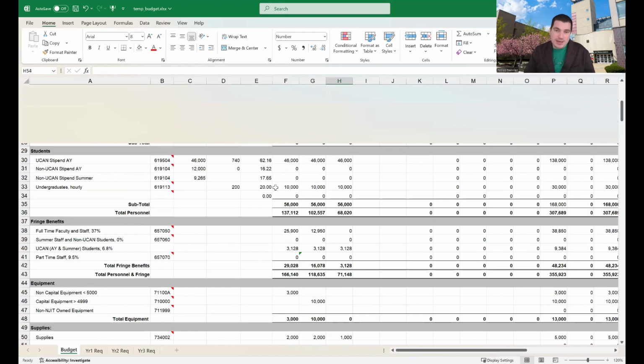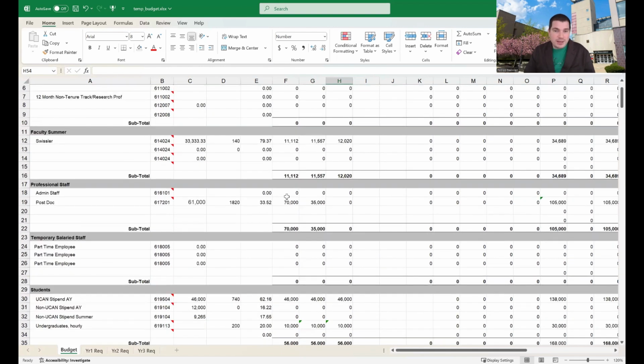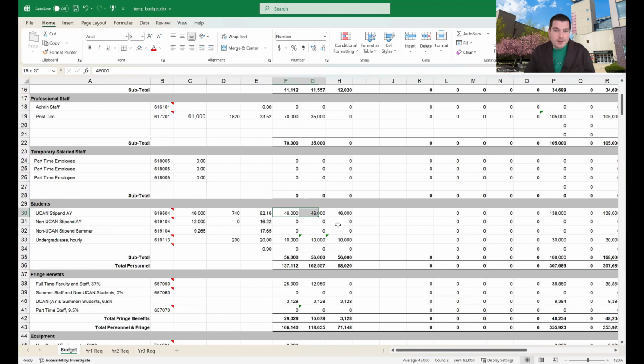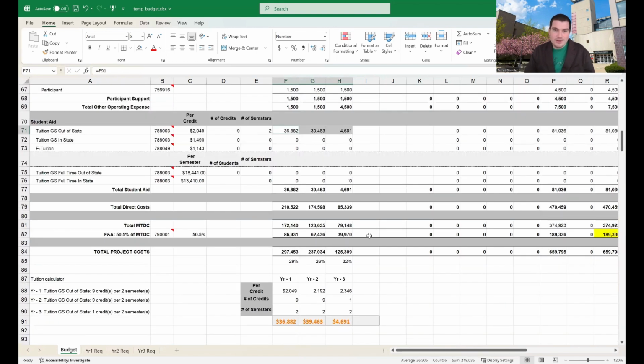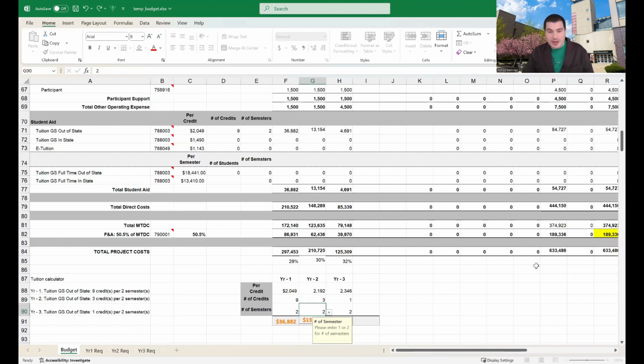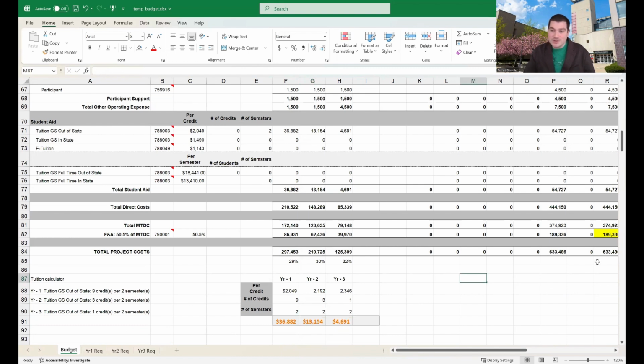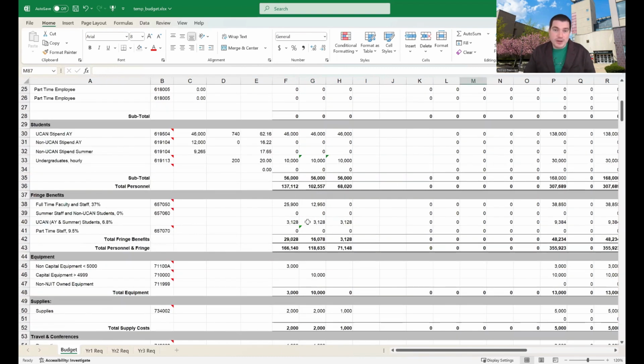There's stuff that you want to protect. The stuff that you always protect is the graduate student stipend and the tuition. One thing that you can do is say, okay, I assume that I'm going to have a master's student, someone who's coming in with a master's degree, sorry.